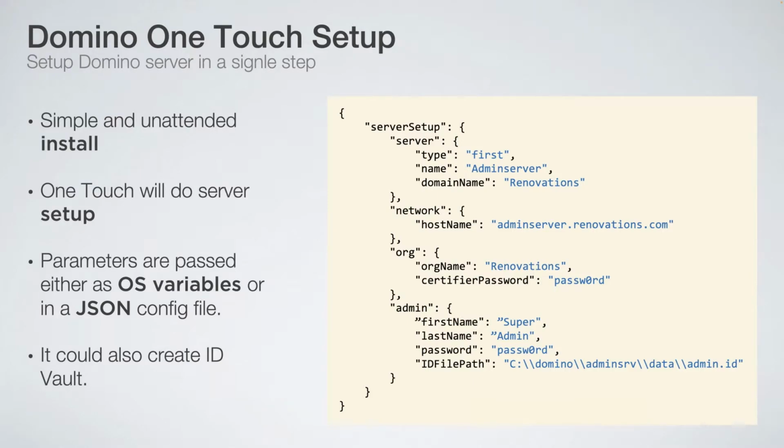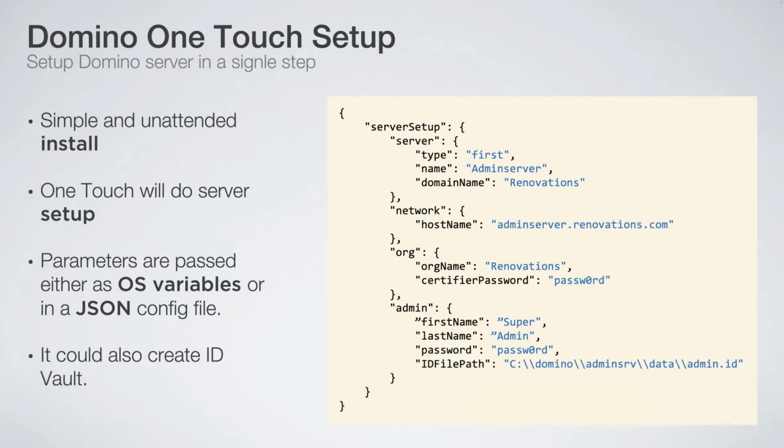And you probably knew that if you install Domino, there are two phases. First is installation, and second is setup. Installation just copies binaries into a binary folder, and setup does all the specifics for this Domino server instance: server name, admin name, domain name, basic security settings, network name, host name, and so on.